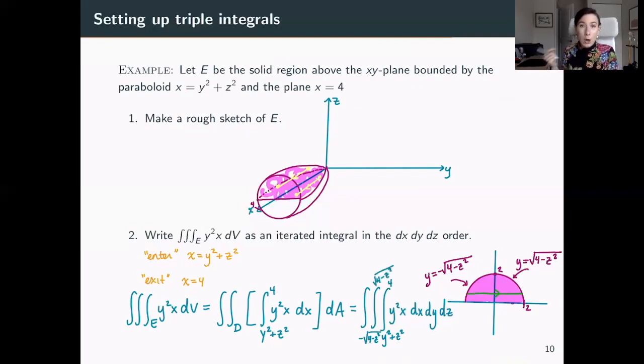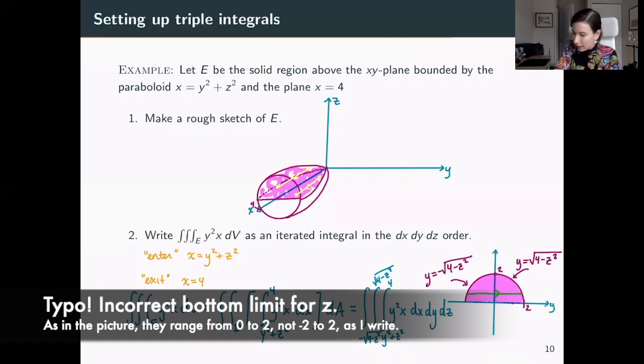And for our values of z, because here we're looking at y, and we have z, we can end up seeing that we're going to have our z values varying from -2 till 2.